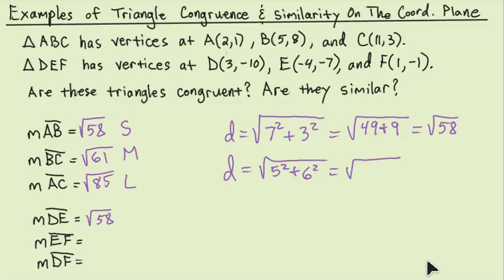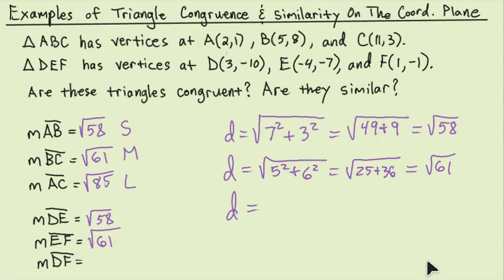So that's the square root of 5 squared is 25, plus 6 squared is 36. 25 plus 36 is 61, so we got the square root of 61. Yeah, it looks like this is going to work out. We got the square root of 61 here, but it's possible for this last side to not be the square root of 85, so let's just check this out.